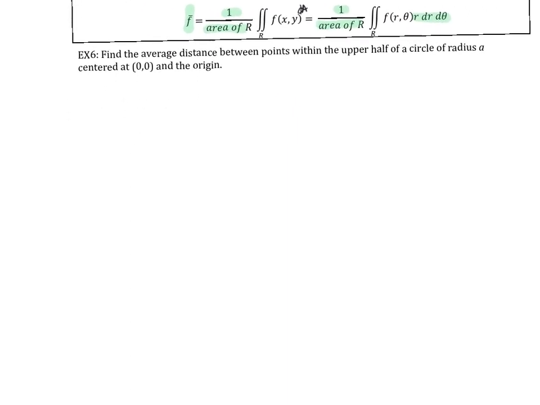Instead of just simply finding the average value of the function, in example 6, I'm going to kind of mix it up a little bit. So let's say that we wanted to find the average distance between points within the upper half of a circle of radius a, centered at 0, 0, the origin. So let's go ahead and draw ourselves a diagram to model this problem.